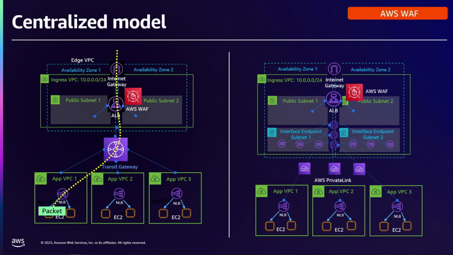And then I will create another set of subnets where I have my PrivateLink endpoints. These endpoints point to a network load balancer in a remote VPC. So when the traffic comes in, it goes through the application load balancer, gets inspected with WAF, and is sent through the PrivateLink endpoint to its destination network load balancer, where my application sits behind it.